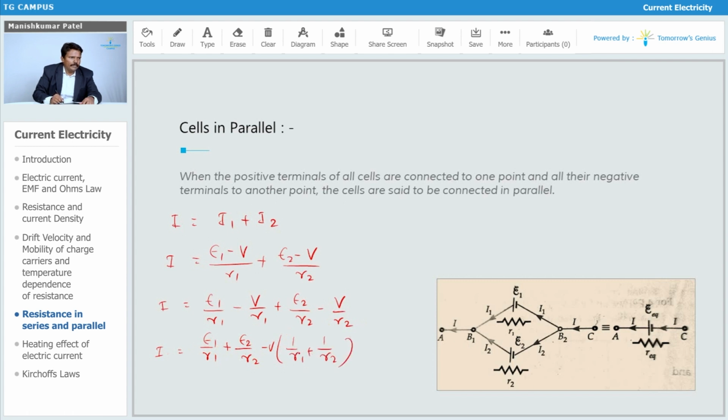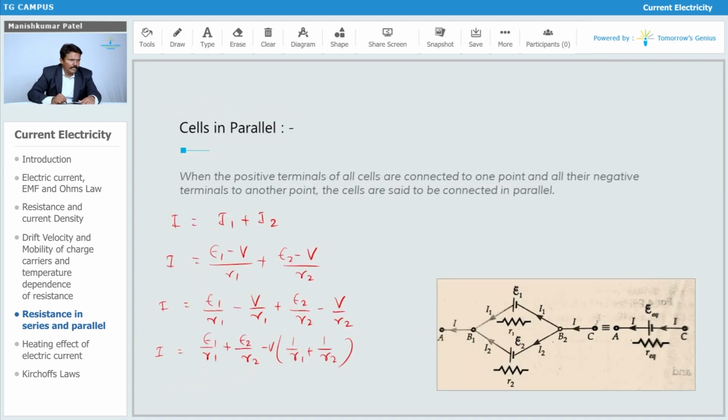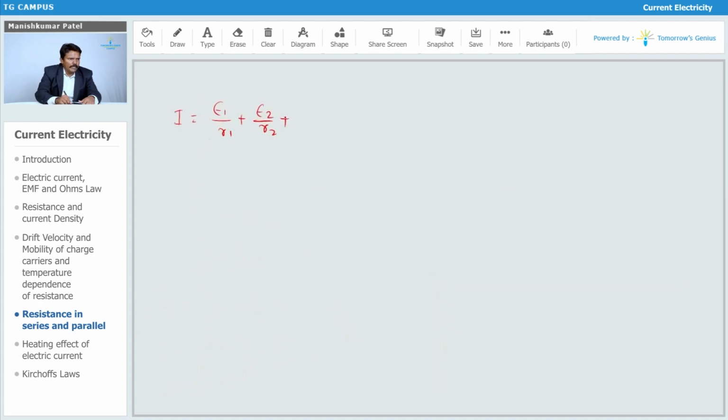Shifting this to the other side, I equals E1 by R1 plus E2 by R2 minus V times (1 by R1 plus 1 by R2).